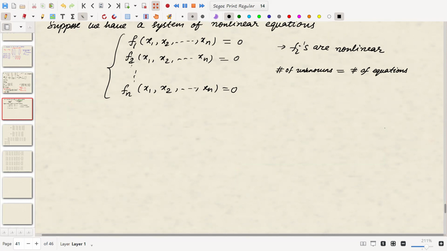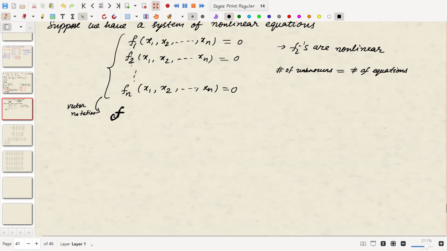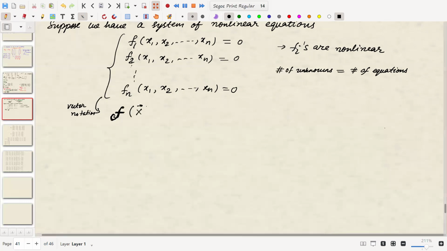Writing this whole system of equations takes up a lot of space, so you can use something like a function. You can just write this in one line. In vector notation, x is a vector, 0 is also a vector.